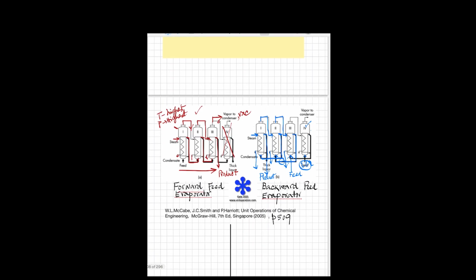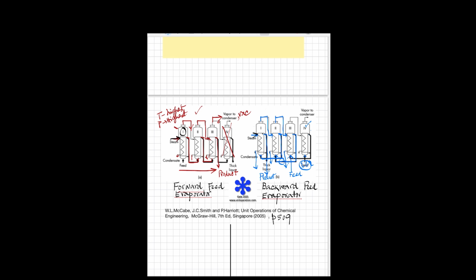In case of forward feed evaporator, the fresh steam is entering the first effect, whereas in case of backward feed evaporator, just the flow of the liquid is opposite, but the steam again enters the first effect.